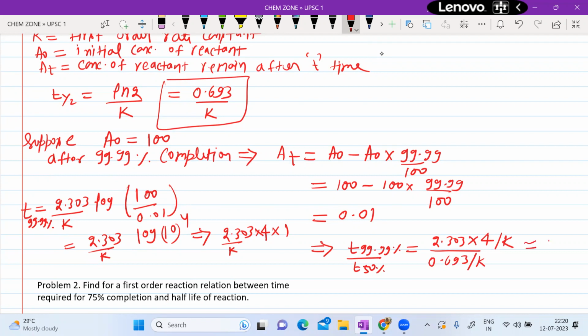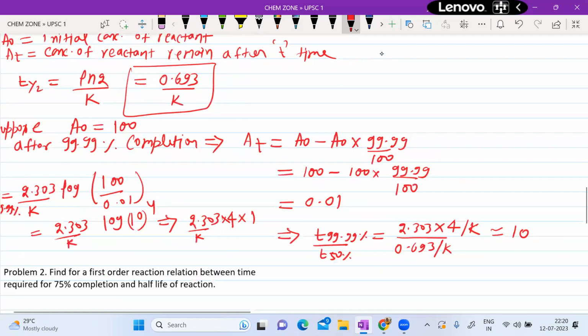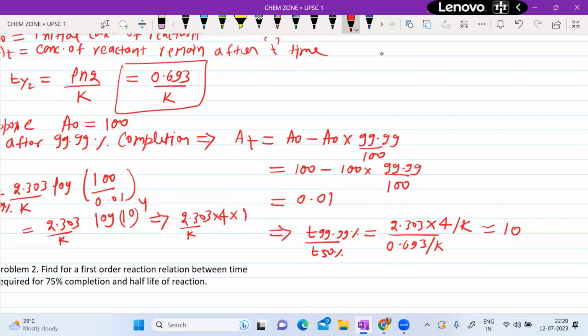After dividing, you will get this value, which is approximately equal to 10. Which suggests that the time required for a reaction for 99.99% completion is approximately 10 times the half-life.